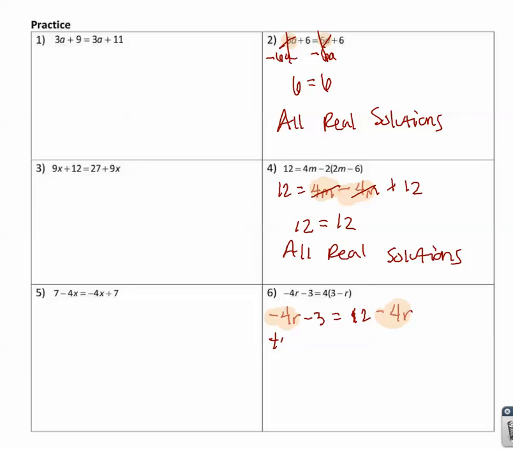If I were to move these and say plus 4r, they cancel, leaving you with negative 3 equals 12. Because these are not equal to each other, there's no real solution. That means there's no number that you could substitute for r to make this equation work.